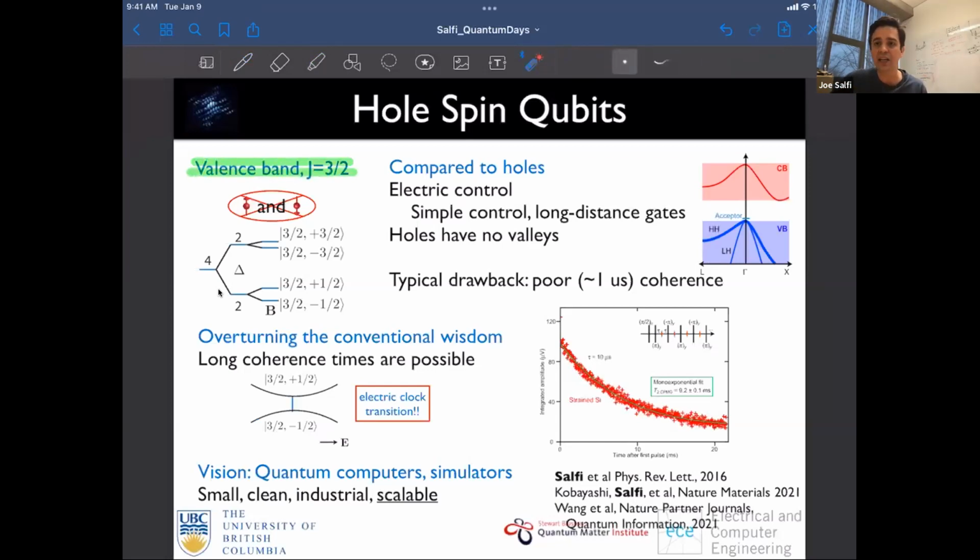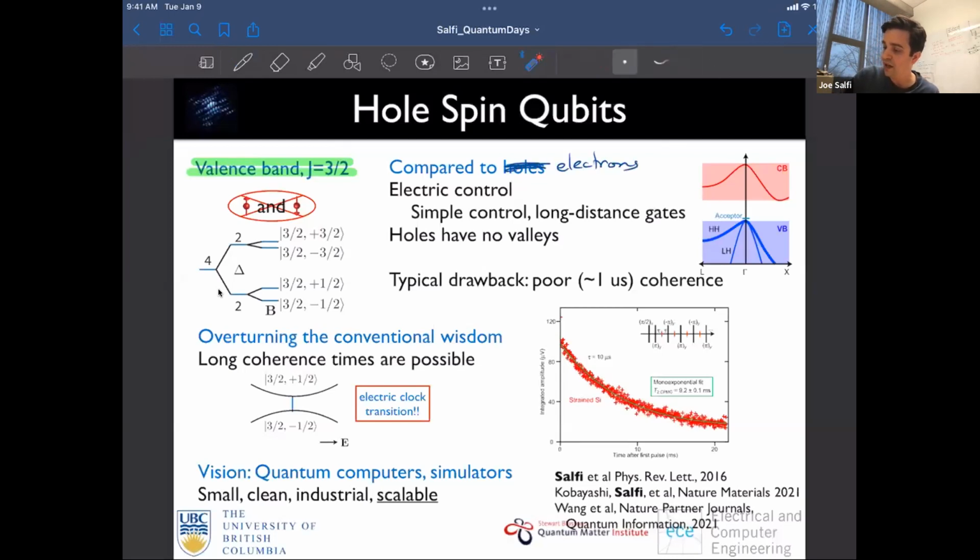In the conduction band, the states basically transform like spin 1/2s, and the valence band is a different story because you have atomic orbital angular momentum of 1, and that couples to the spin degree of freedom. So you get a spin 3/2 manifold. And the key thing here is that, in this manifold, spin is not a good quantum number. Total angular momentum is.